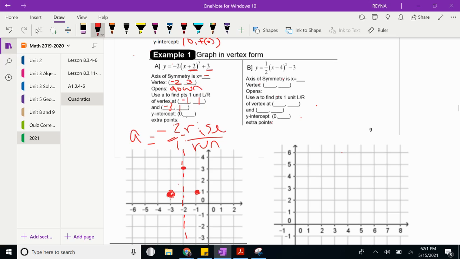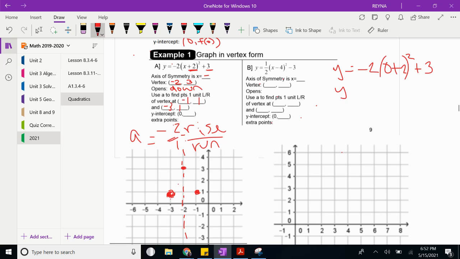Okay, so now we're going to try to do the y-intercept. So we're going to make it 0, and I'm going to do my work over to the side right here. So we got y equals negative 2 parentheses 0 plus 2 squared plus 3.